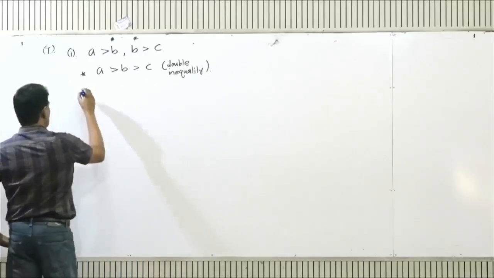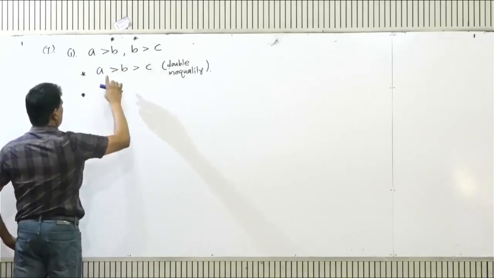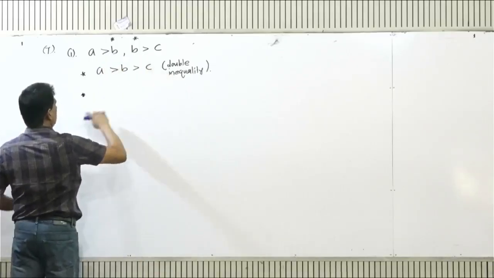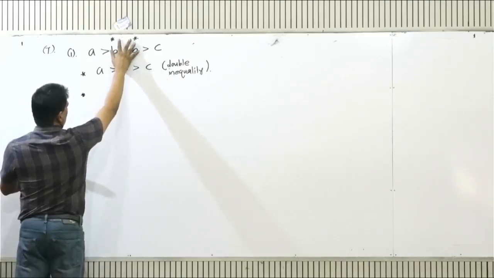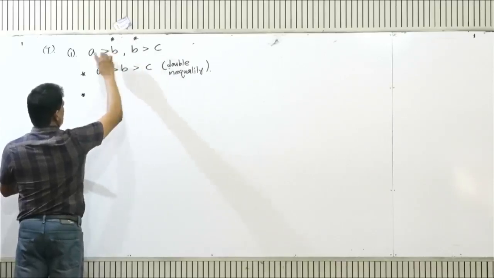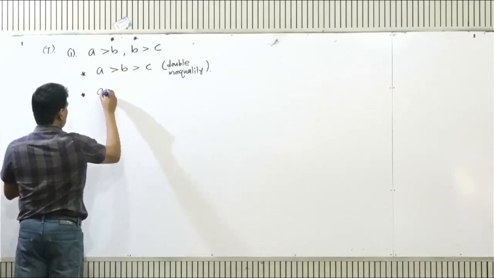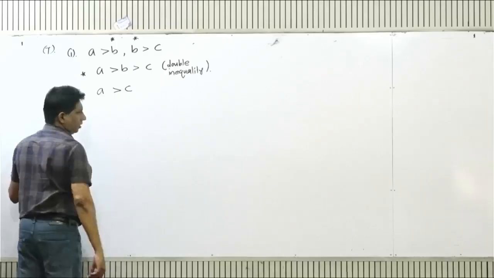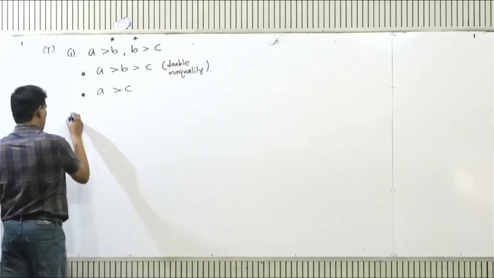And there is another thing. By using these two inequalities, we can write one inequality. That means we can skip B, then we can directly write A is greater than C. Then the second part.